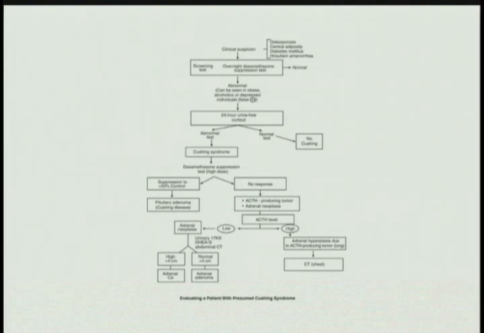So look at this. I give the guy the overnight high-dose dexamethasone suppression test, and if I suppress it, forget about the 50% control here, just say suppress cortisol in the morning, then the answer could only be one thing: pituitary adenoma.